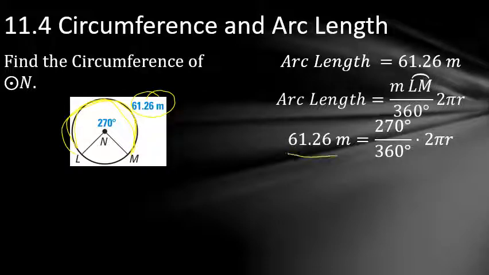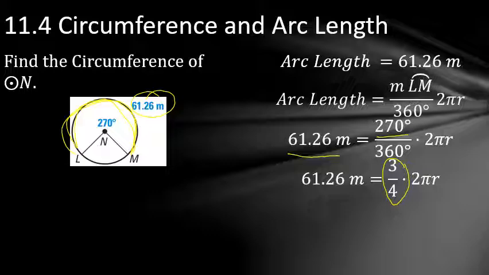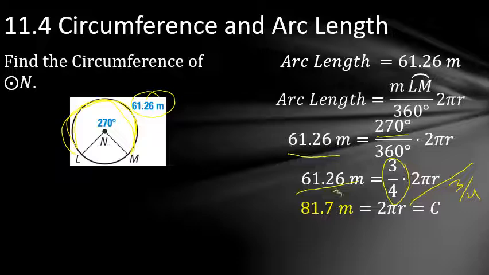So I can fill those in there. The only thing I did here is 270 divided by 360 is the same thing as 3/4. Now, if I divide both sides by 3/4, I get 81.7 meters equals 2 pi r. But wait, 2 pi r is my circumference. That is what I'm looking for.